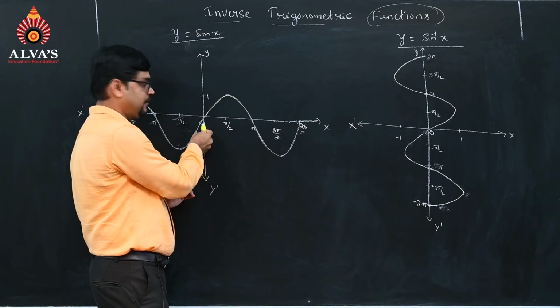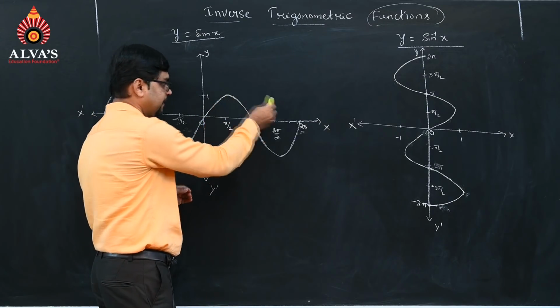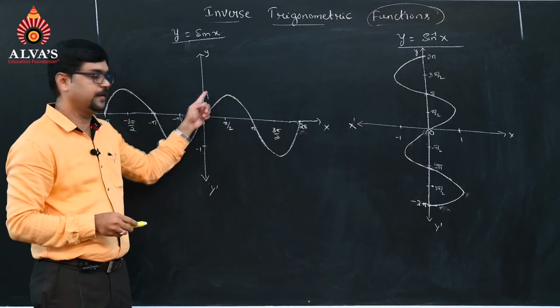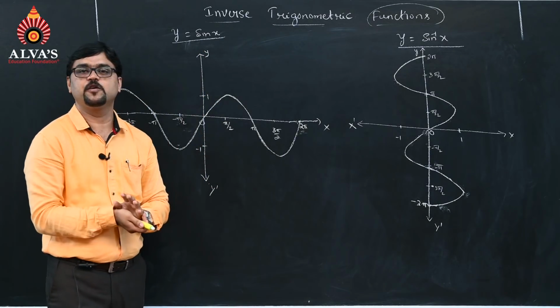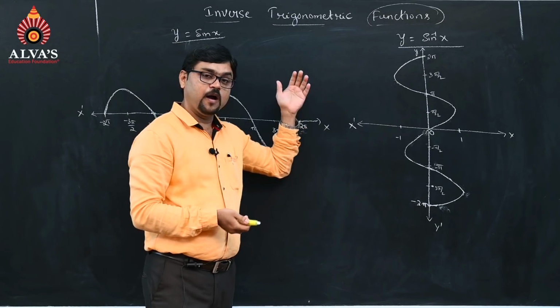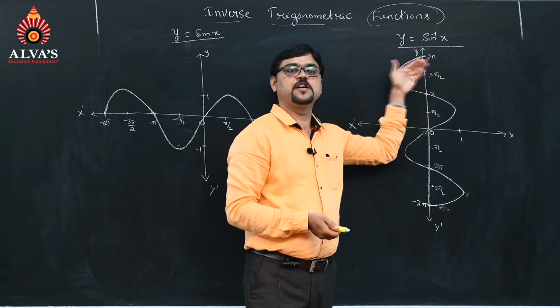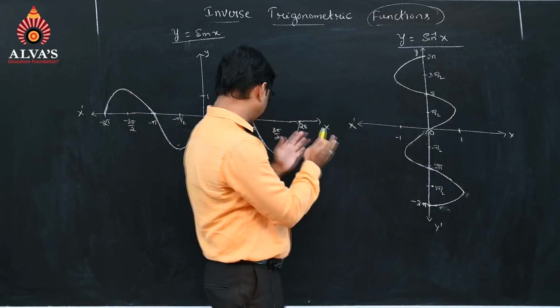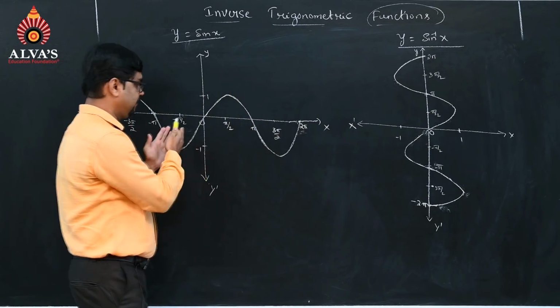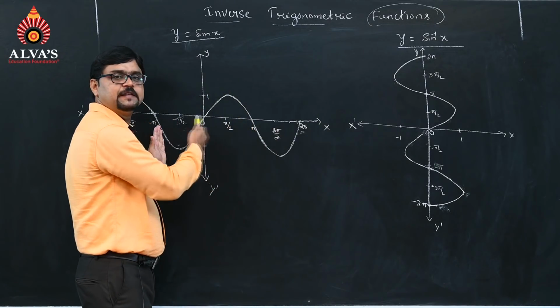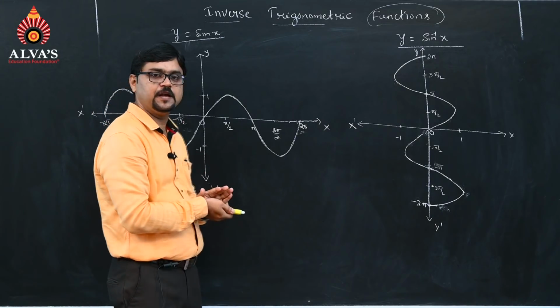So sine 0 is 0 and sine 90 maximum is 1, and like that the graph looks like y equal to sin x. Now what about the inverse of sine function graph? Here I already said that domain will be on the x axis, range will be on the y axis.